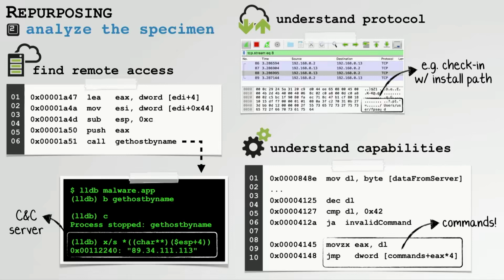If the malware does talk to a remote command and control server, we also need to understand the protocol so that we can task it when it connects back to us. And of course, you want to fully understand the malware's capability, both locally, how does it persist, how does it interact with the system, and then also remotely, what commands can we remotely task the malware with.